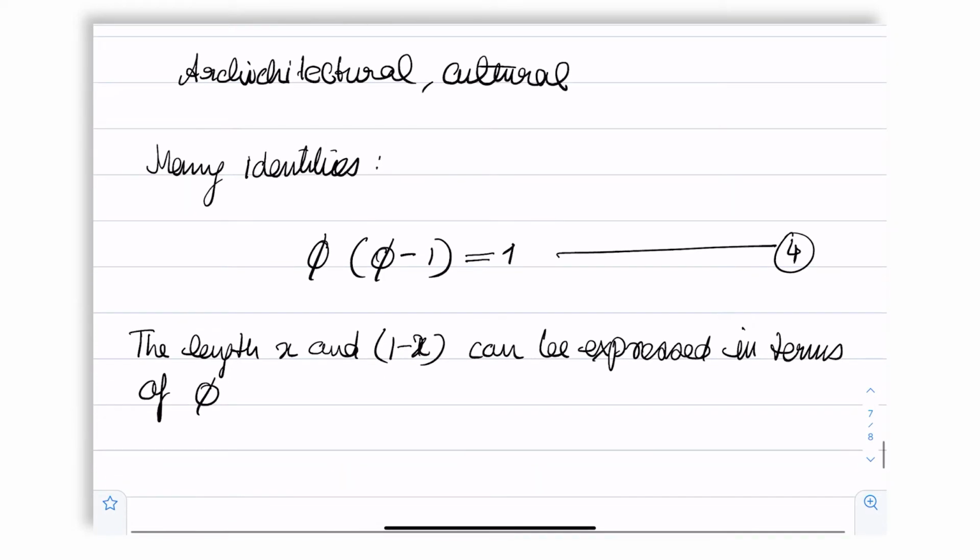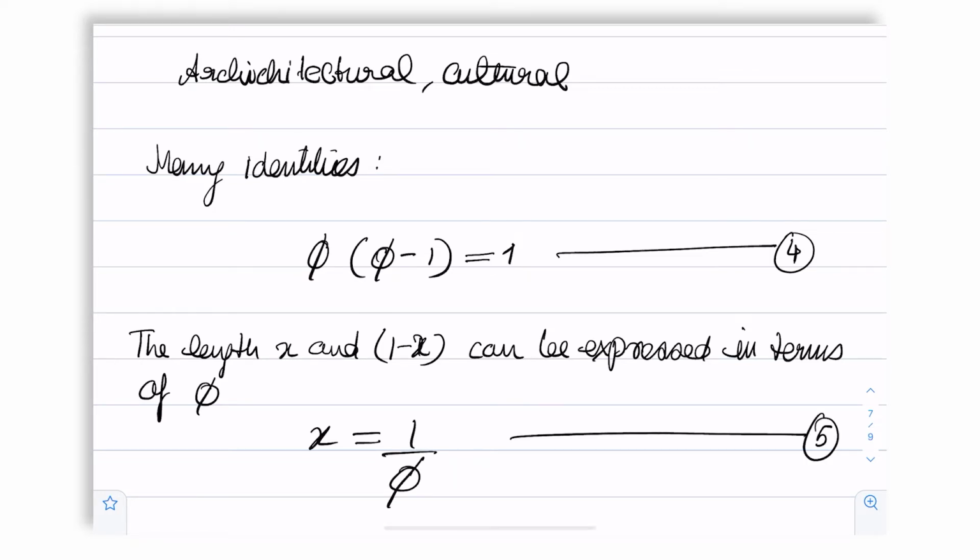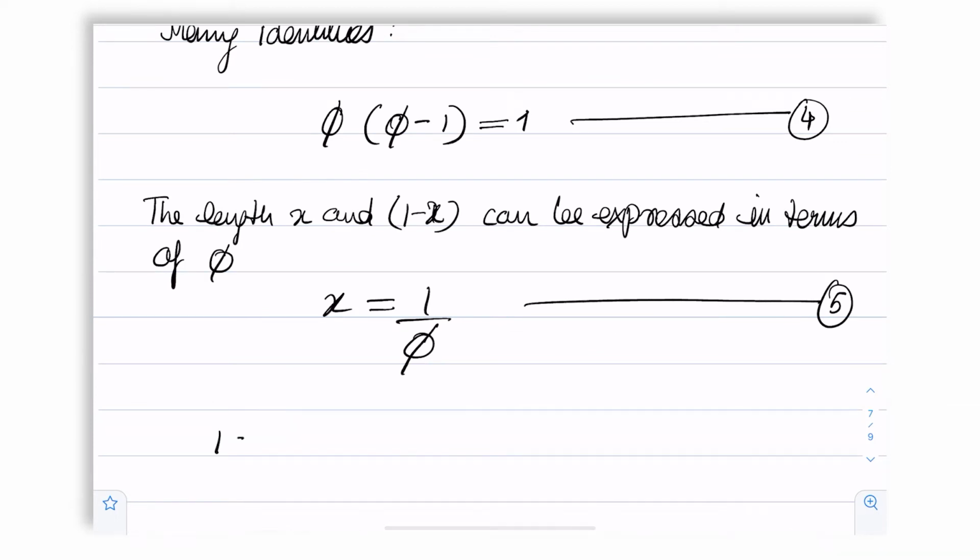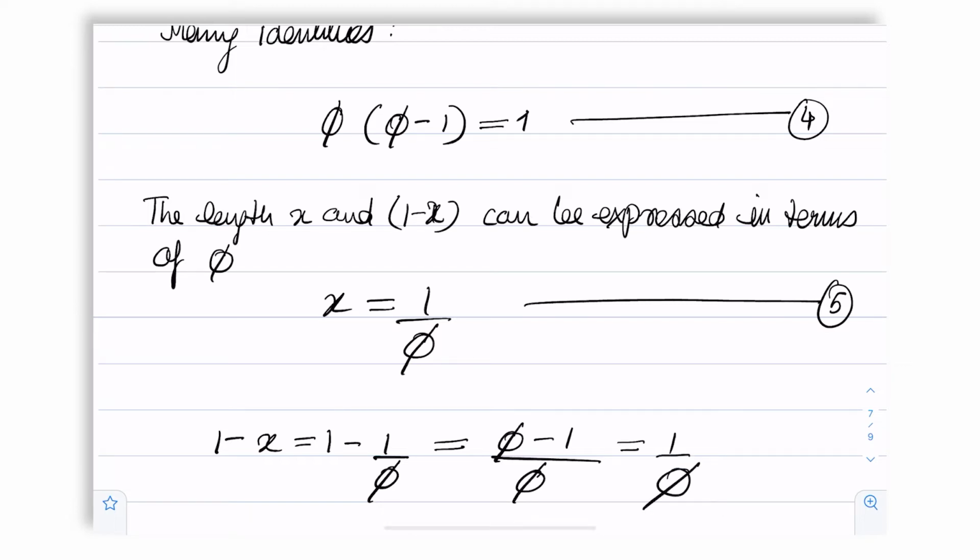Such as x is equal to 1 by phi, and 1 minus x is equal to 1 minus 1 by phi, which is equal to phi minus 1 upon phi, which is equal to 1 by phi square.